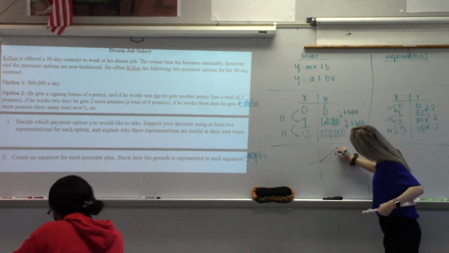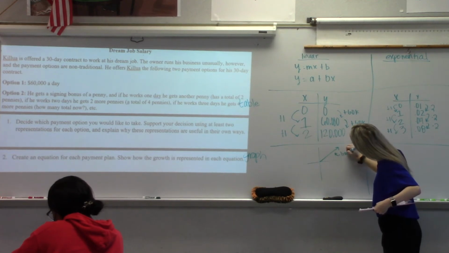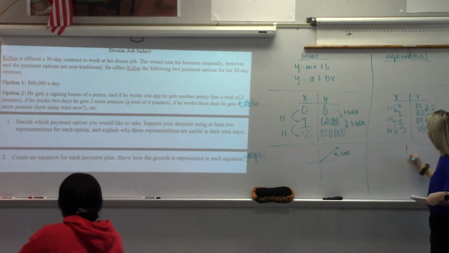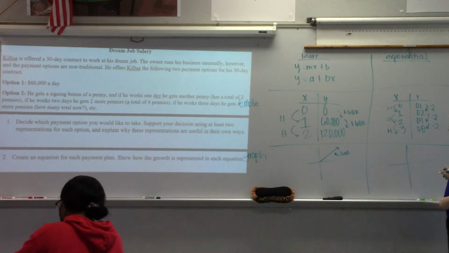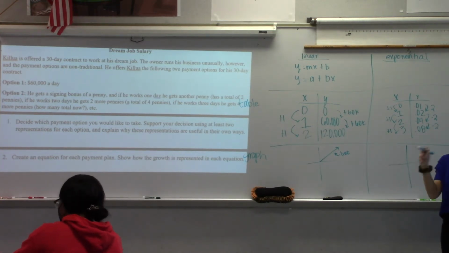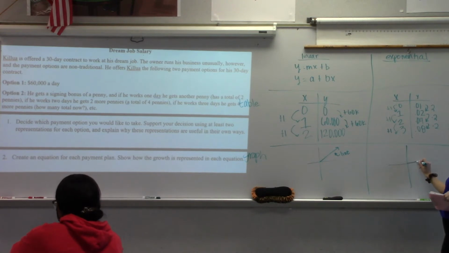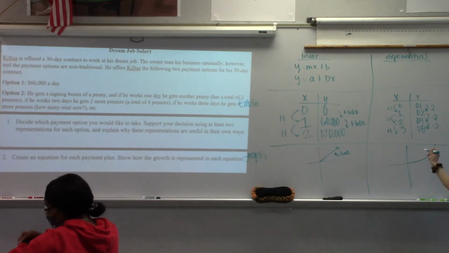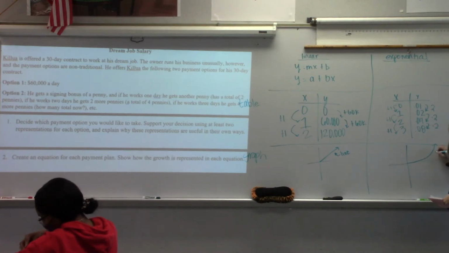And we do call this a line. But then when we graphed option 2, what did it look like? It started and then it curved up, right? So this is called an exponential curve. So also make note of that.